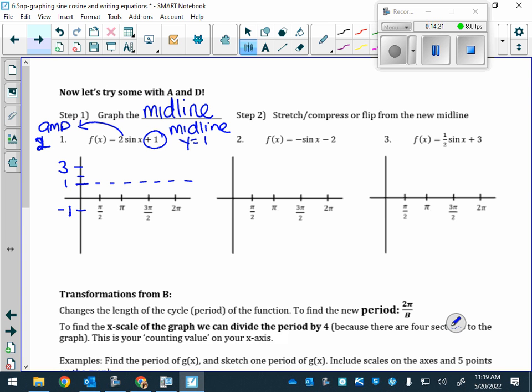Okay, everyone see that? All right. Where am I starting? Yeah. 0, 1. Good. Then pi over 2, where will I be? 3. Excellent. Pi. 1. Good. 3 pi over 2. -1. And then 2 pi.